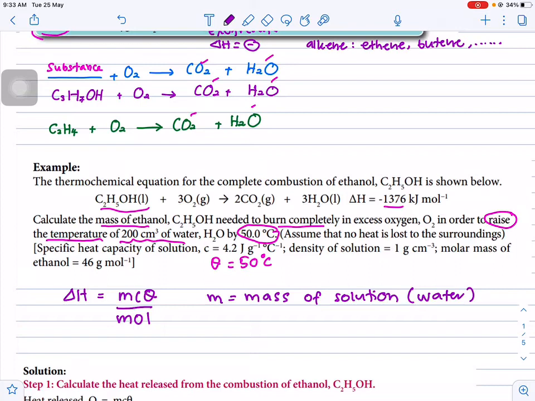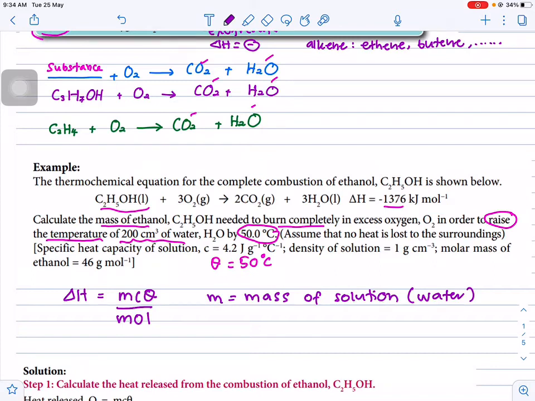So mass of solution tak pernah berubah for the heat of combustion only. It always the mass of the water. For the other 3 heat of reaction, dia akan sentiasa berubah depends on who is the reactant that we use. Okay. And C is always specific heat capacity of water and theta is the temperature change.